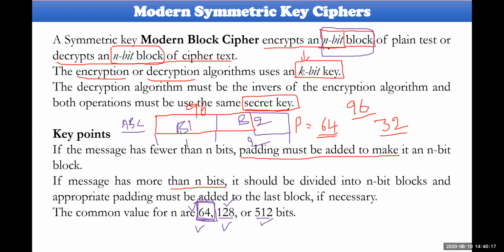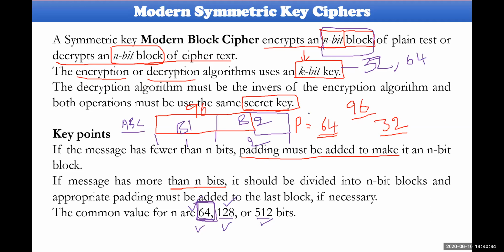So n might be equal to either 64, 128, or 512, and a k-bit size key will be taken into consideration. Normally the key size will be 32 bits, otherwise 64 bits. So only these two sizes will be available to perform encryption or decryption in modern symmetric key ciphers. So these are the two points you need to remember.